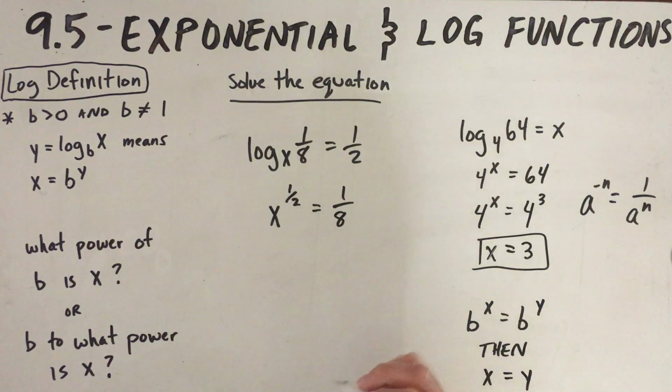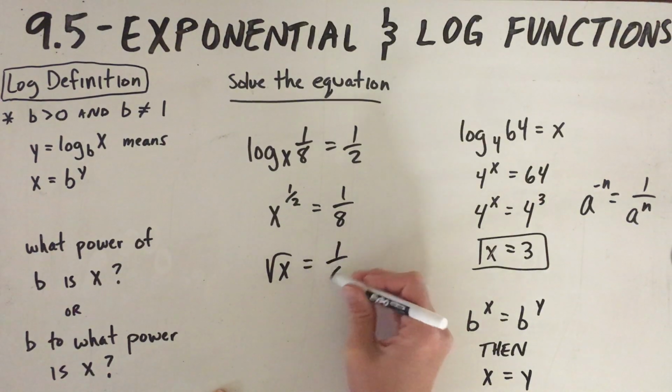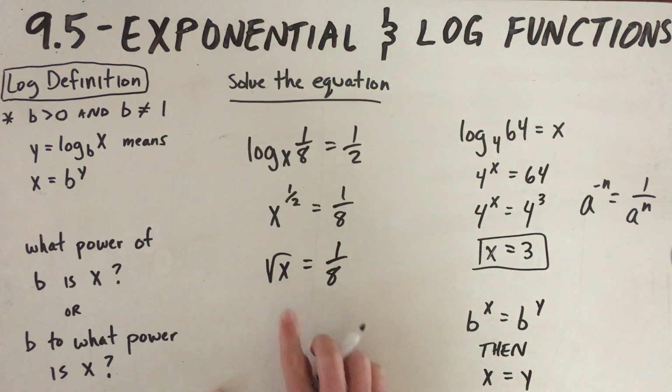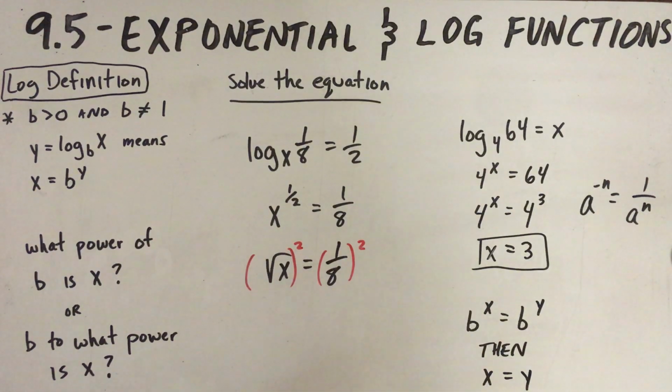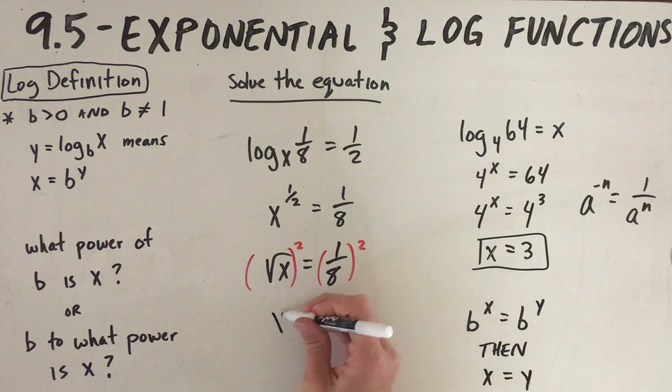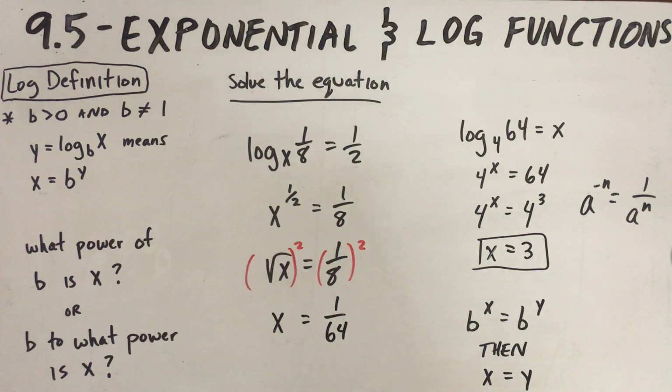Remember that to the 1/2 power is the same thing as saying the square root of x. But I don't want to know the square root of x, I want to know x. So I'm going to do my nifty trick here of raising both sides to the power of 2. And when I do that, I get then that x is equal to 1/64th. And that is the value of x.